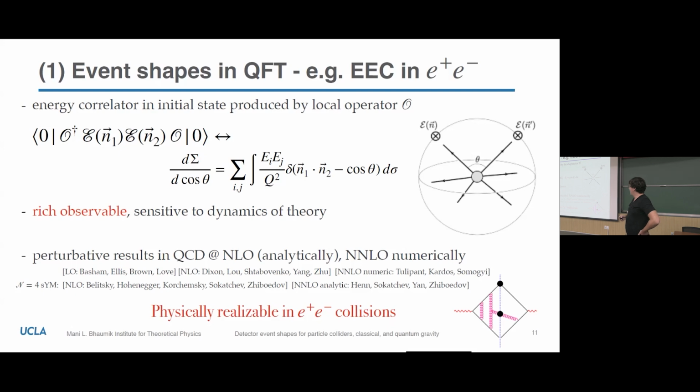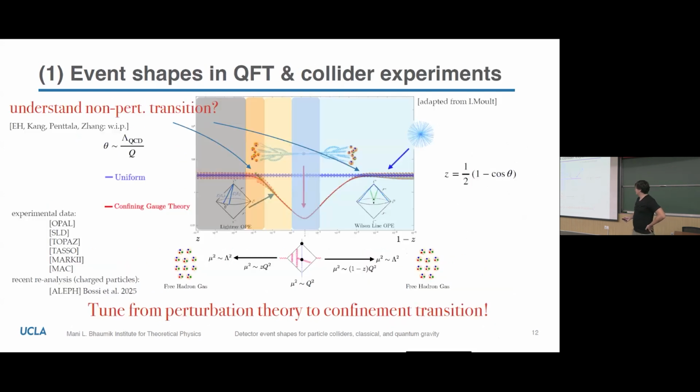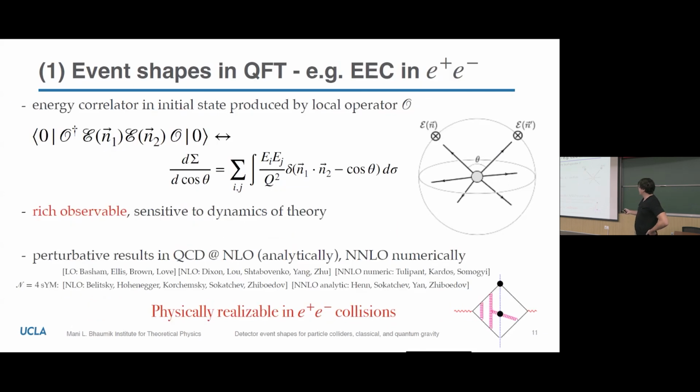So these things are nice from the theory side. We have perturbative control, but we can also measure these things in e+e- collisions, where you just generate a state by the electromagnetic current.